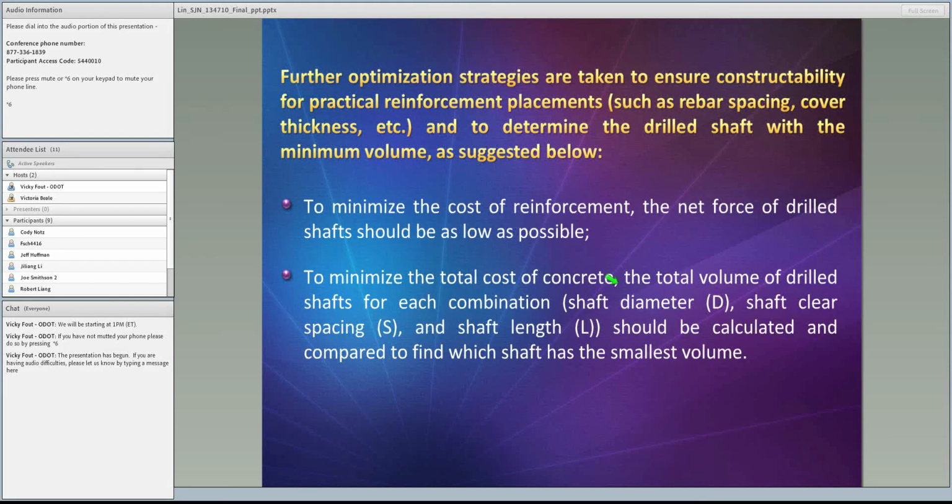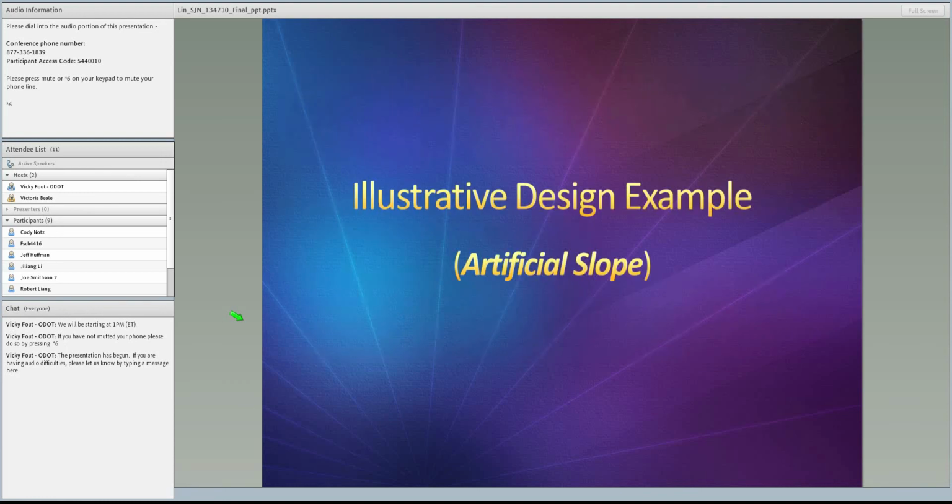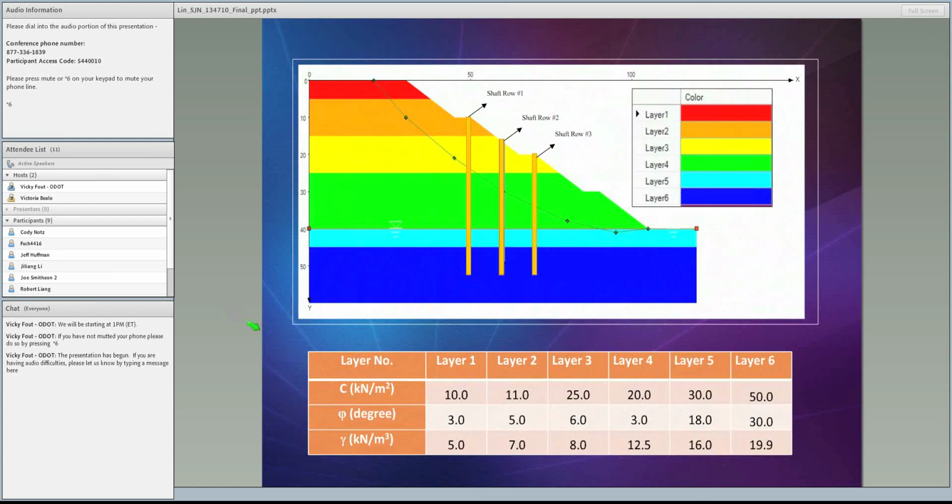We can see that no matter how we choose the parameters, spacing, or diameters from 0.6 meters to 2.4 meters, we couldn't get the target factor of safety of 1.5 here. And also the shaft force is extremely high. It's around 500 kilonewton, which is like 100 kips.